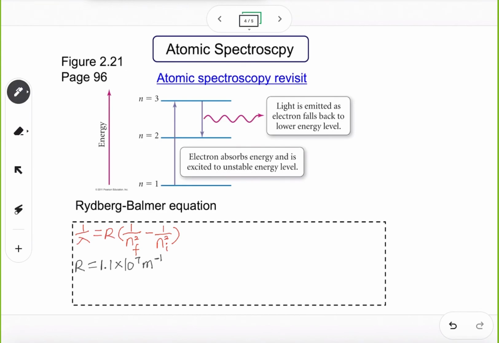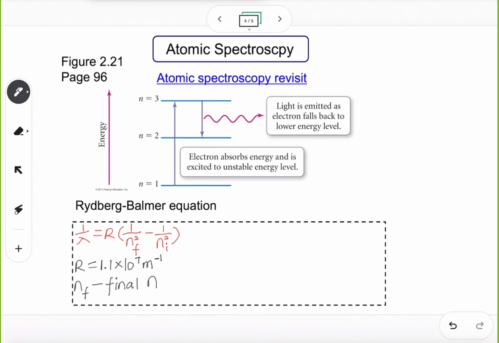Now for NF, that's the final principal quantum number of the electron transition. For instance, if you have an electron going from n equals 3 to n equals 2, that means NF would be 2, the final principal quantum number.